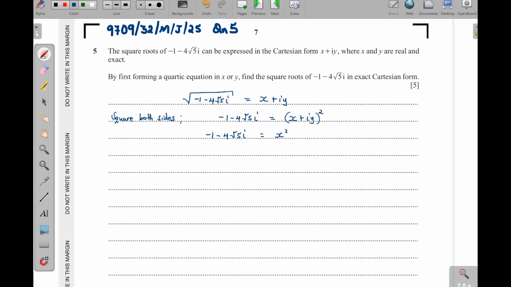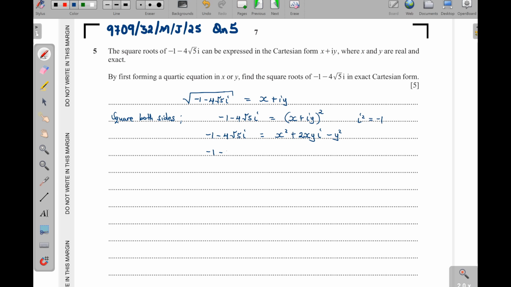Then we shall get x squared, then 2 times x times iy, that one will give us 2xyi. Then plus iy squared, we shall get y squared i squared. But you know that i squared is always equal to -1. So meaning here we shall have a minus y squared.